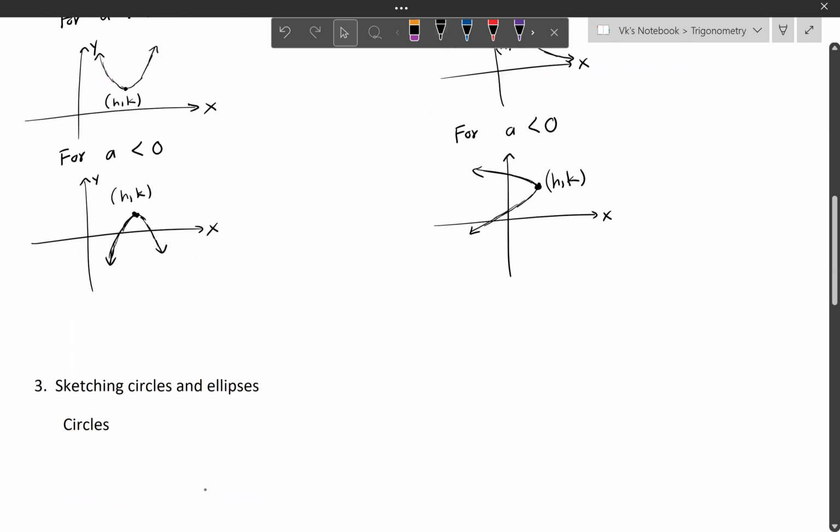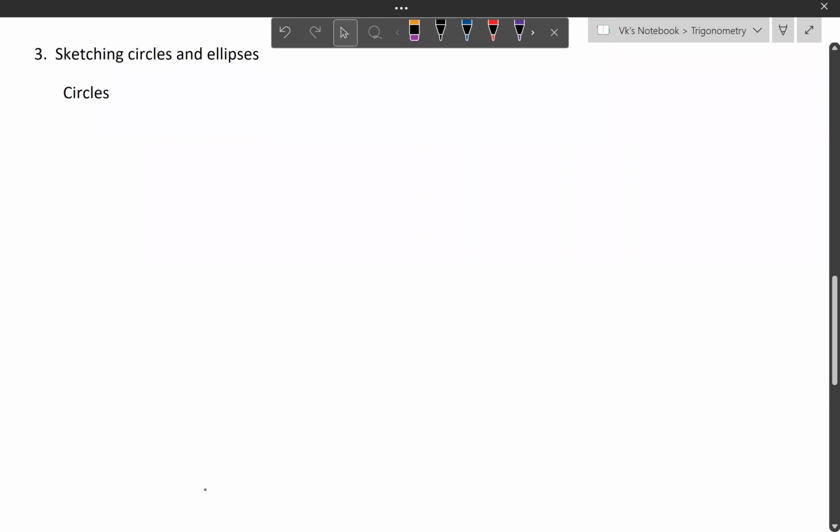Next, let's move on to sketching circles and ellipses. Circle. Well, to get a circle, we need a center. So here comes a center. It can be the point, let's say, (h, k).